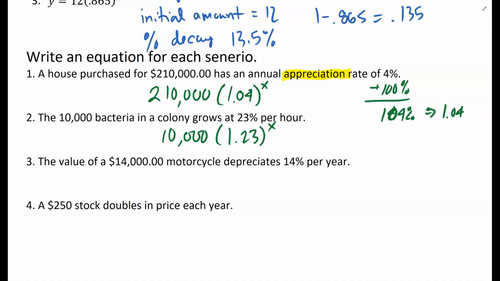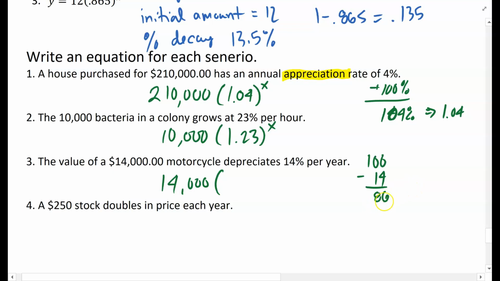The value of a motorcycle depreciates. So we have a $14,000 motorcycle and it's depreciating. I see a lot of students write 0.14 right here. If you're losing 14%, how much is left? So we're going to take 100 minus 14 and we get 86.